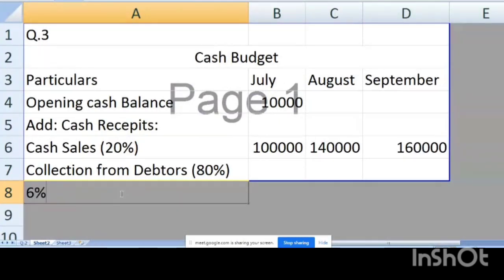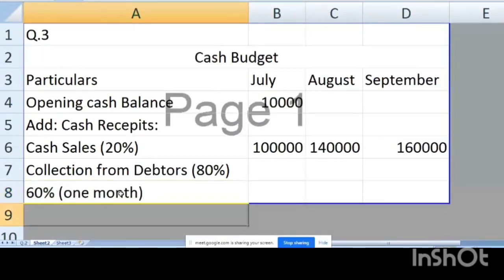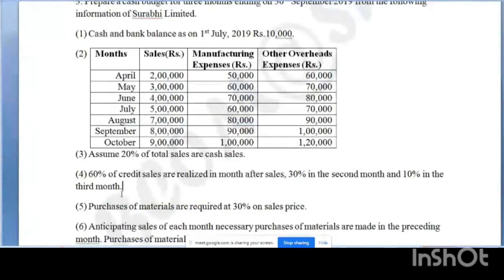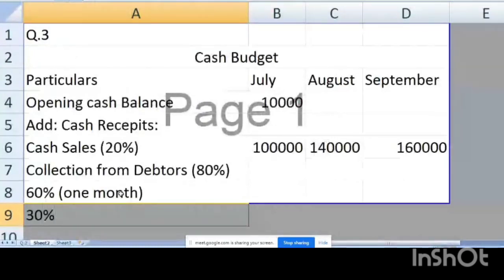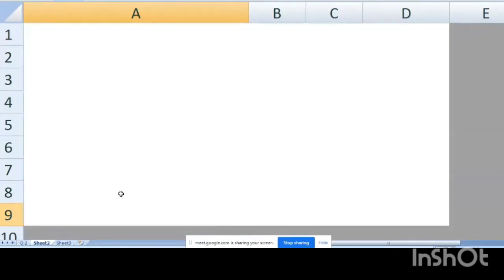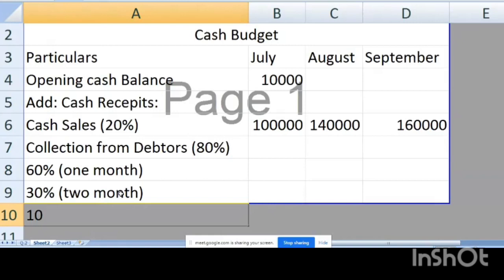For 60%, 1 month credit. Next, 30%, 2 month credit. Next, 10%, 3 month credit.